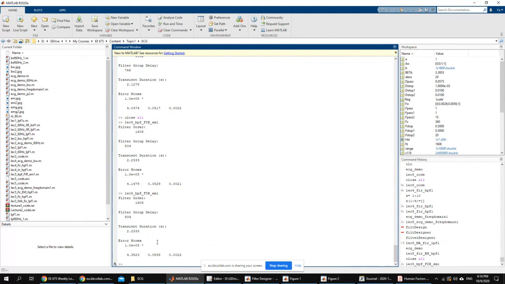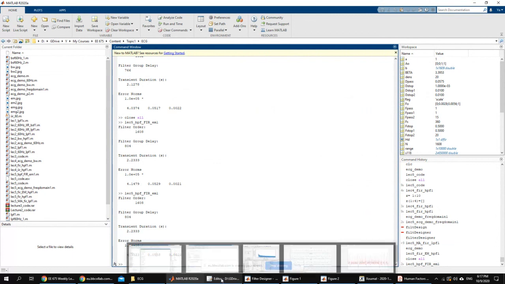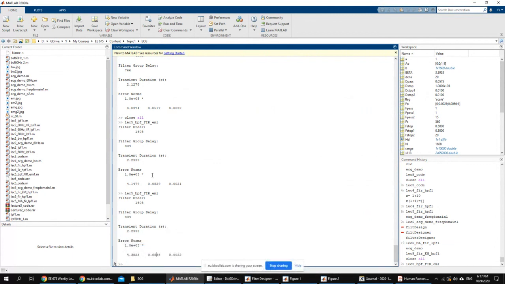Is this experiment better or the previous one? 0.0529 or 0.0558? This is larger, right? When it's larger, the error is larger. So it's not better than the first one. Definitely the first one here was better.